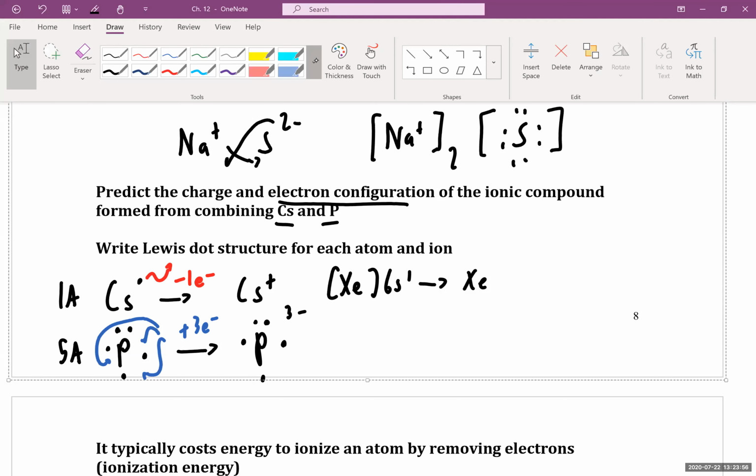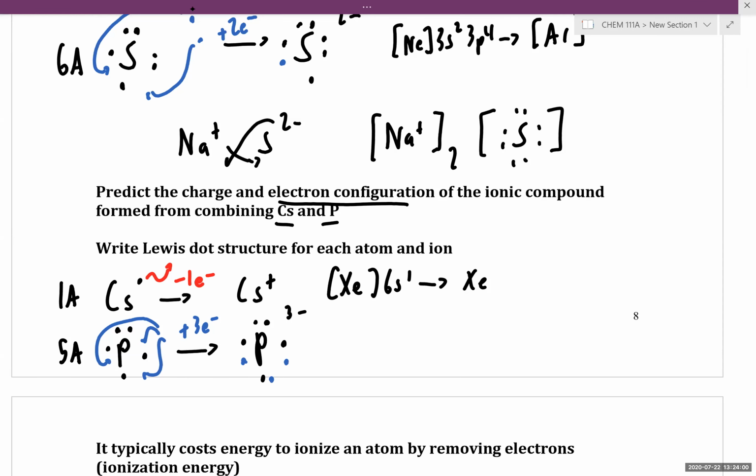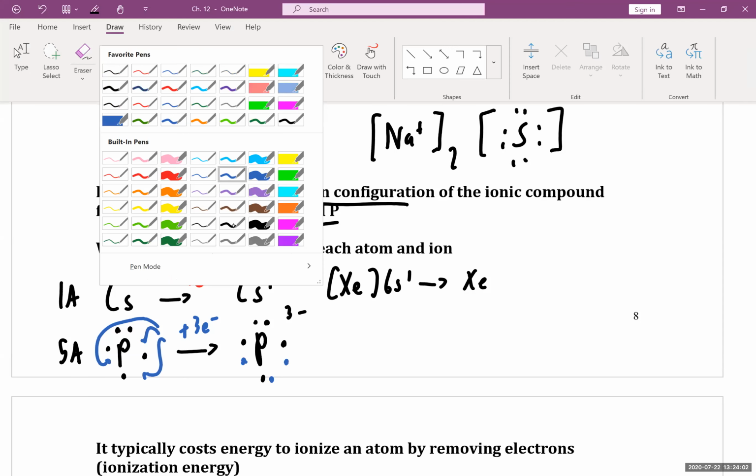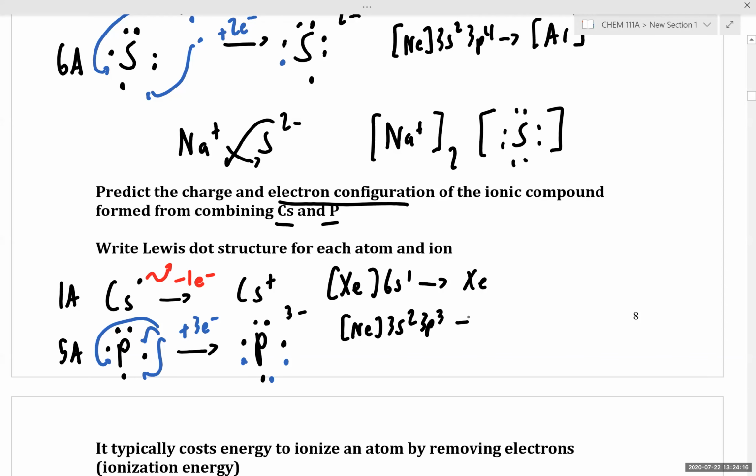Now that we have that all set up, let's write out the configuration for phosphide. For phosphorus, we initially started off as neon 3s2, 3p3, and then we went to a configuration of argon.